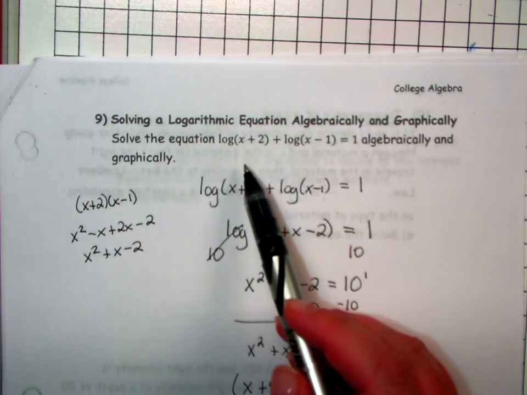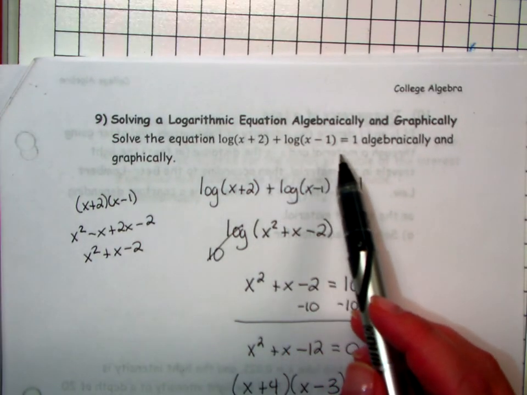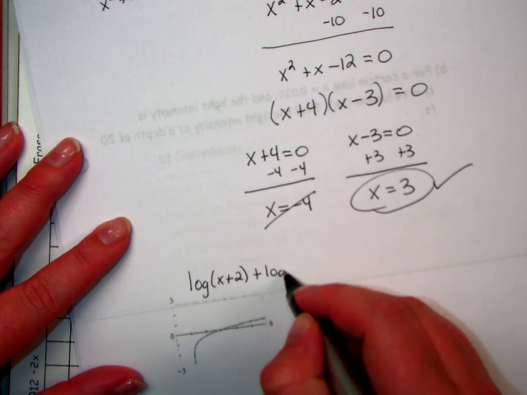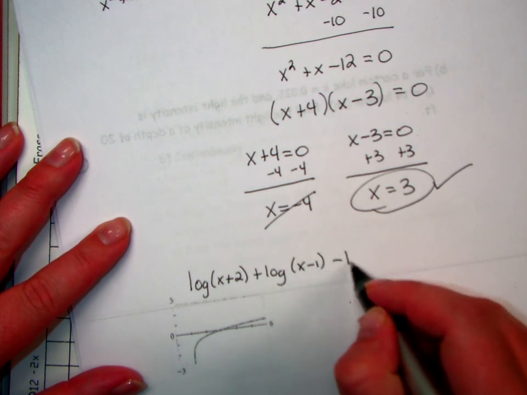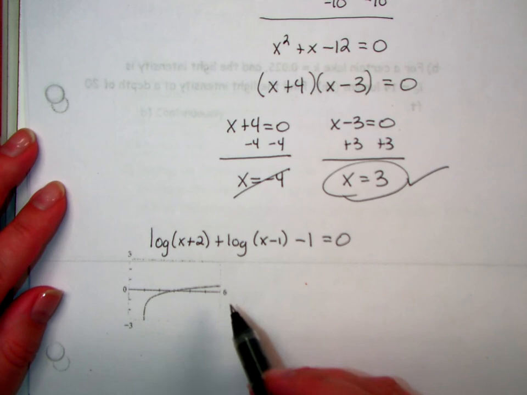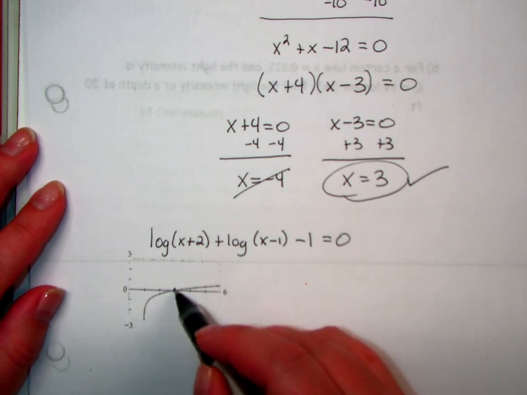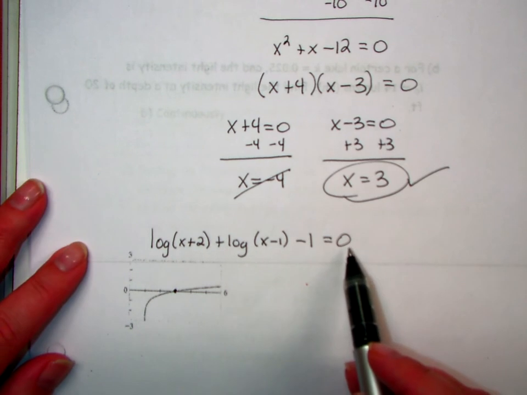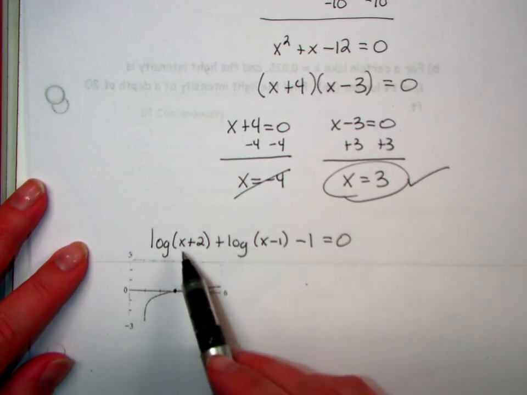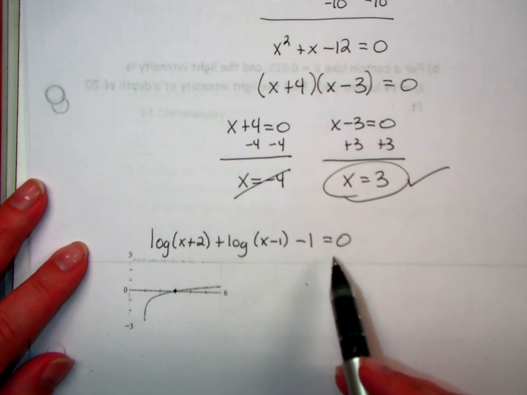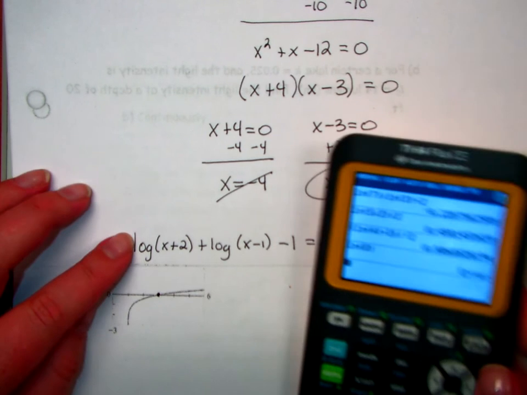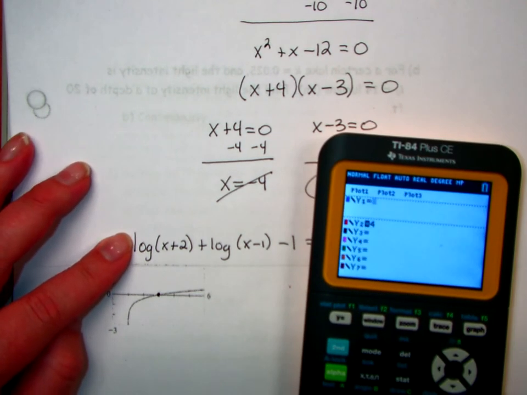I think they did log of x plus 2 plus log of x minus 1 and set it equal to 0, because it looks like they're trying to show that that solution is at 3. Now we could have very easily left the 1 over there and just plugged in the left-hand side and the right-hand side in and calculated that intersection. All right. So I think that's what I'm going to do. I'm going to go ahead and show you this.